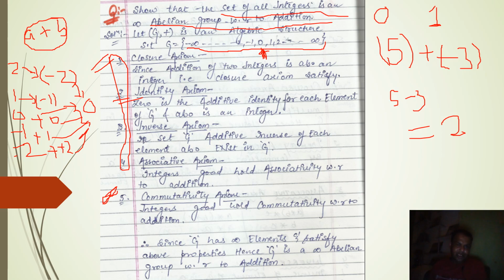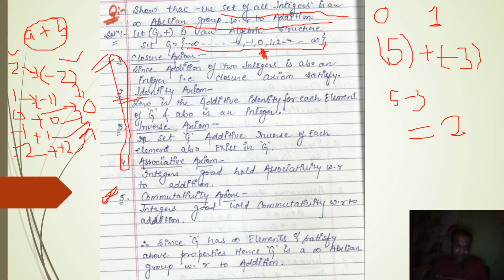So in this fashion we see that every integer has its additive inverse, and this is also an integer because this set contains all integers. If +2 is available in this set, then -2 will also be available in this set. If -2 is available in this set, then +2 will obviously be available in this set. So we can say that the additive inverse of each element is available in this set G.